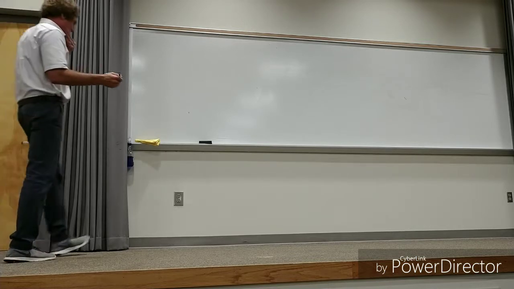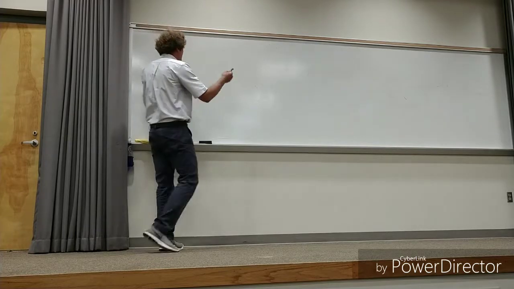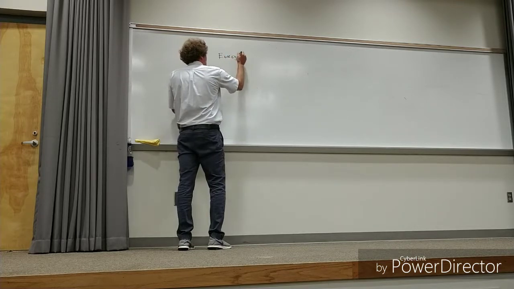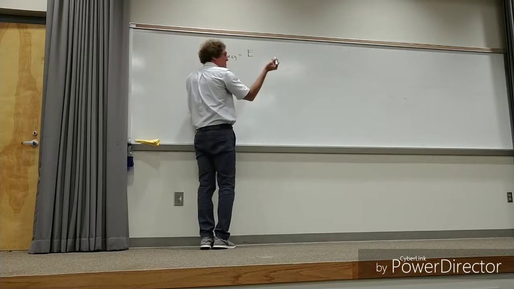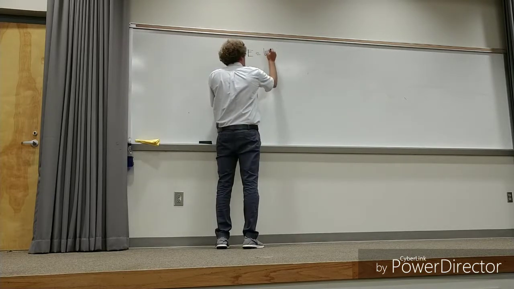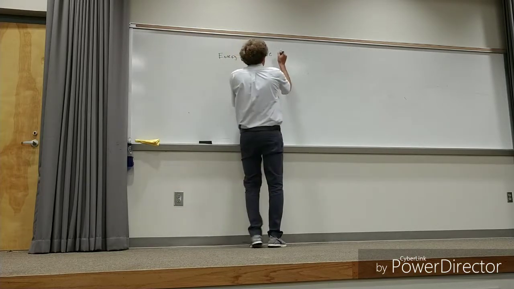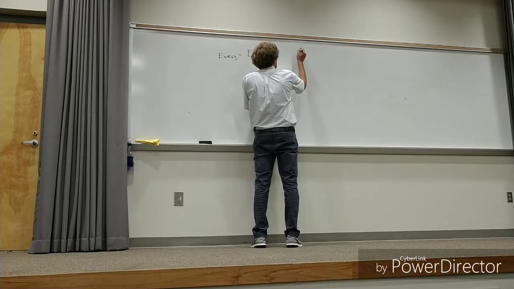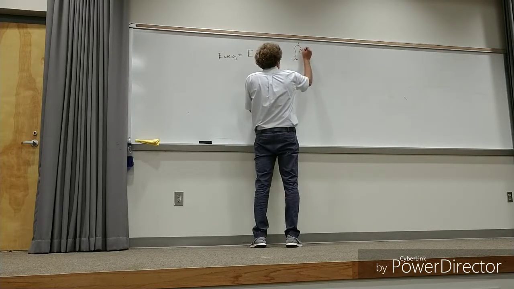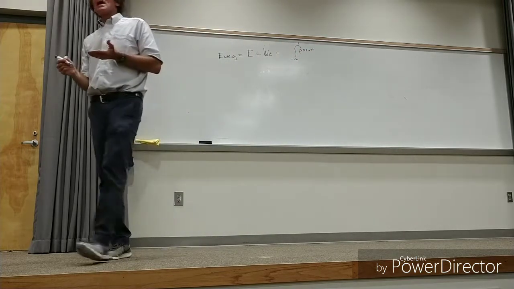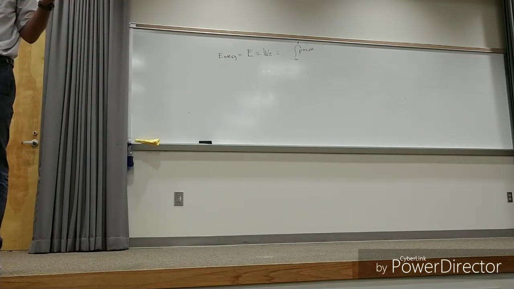Remember, when you talk about energy, we'll use the symbol E, capital E. Sometimes they have W sub E in physics, because work and energy are the same thing. Energy is always going to be the integral from minus infinity to some point t of the power p of t dt. So if you integrate power in time, you get the energy.